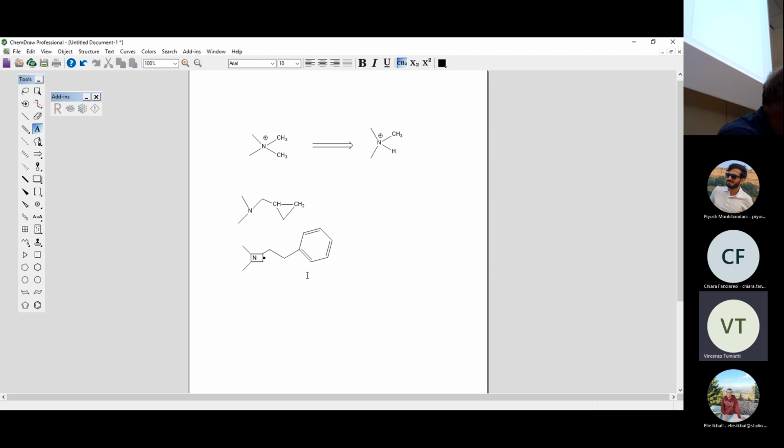Another question from the student is, Professor, how can we draw the chemical structure of morphine? Normally, I use this method. The first aromatic ring, the second here, the third here, and then you have the basic function here.